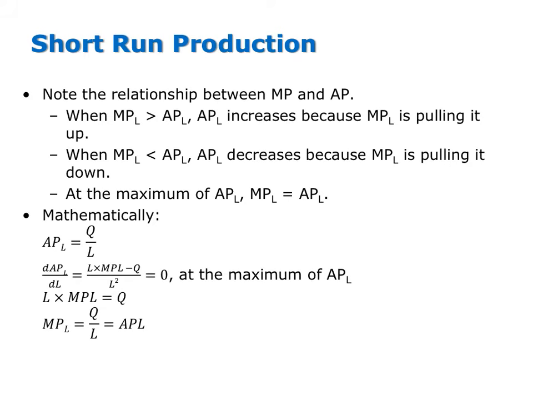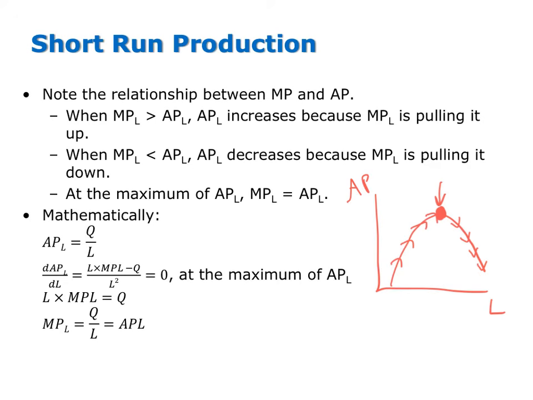That's simply because if we're talking about the maximum of average product, at the maximum, the average is no longer going up. So if the average is no longer going up, the marginal can no longer be above it. And at the maximum, the average is not yet going down. And if the average is not going down, the marginal can't be below it. So marginal product can't be above and can't be below the average at the maximum, therefore it has to be exactly equal to the average.